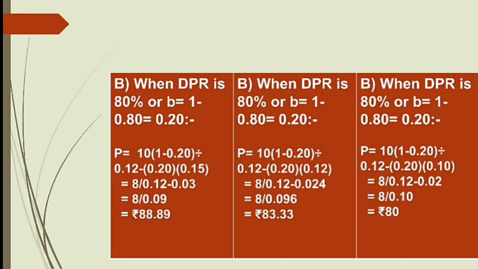After solving, 8 divided by 0.12 minus 0.02, which is 8 divided by 0.10. Lastly, rupees 80 per share for XYZ Limited Company when R equals 10% and dividend payout ratio is 80%.